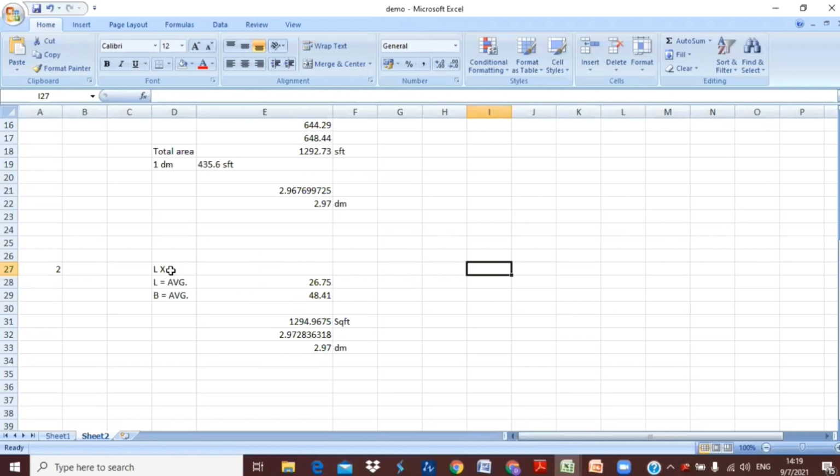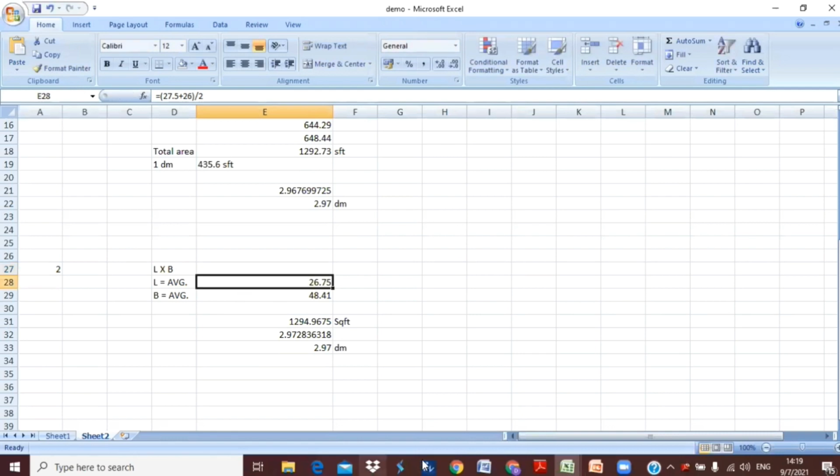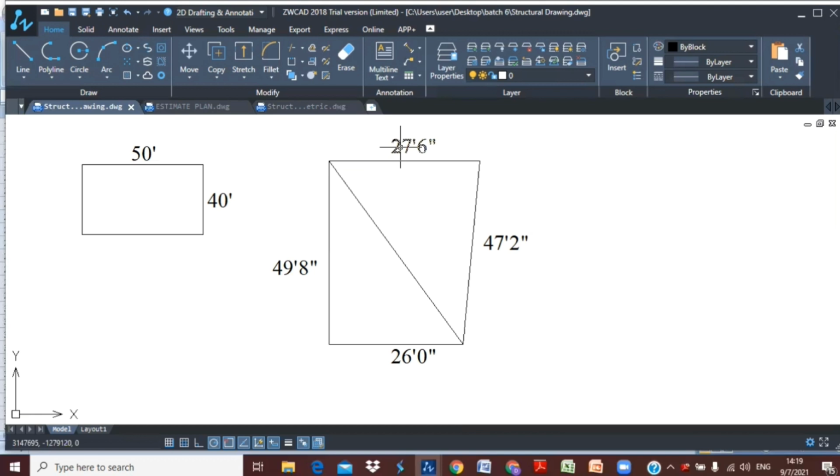We will take the average and find the length. You can see here I have taken 27.5 plus 26.26 feet. From here, this is 27.5 and 26. I will show you: this one is our length L, this other is also L, and these two are our B. I will take these two lengths and take the average.